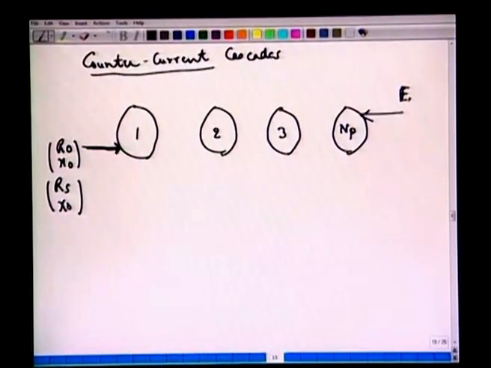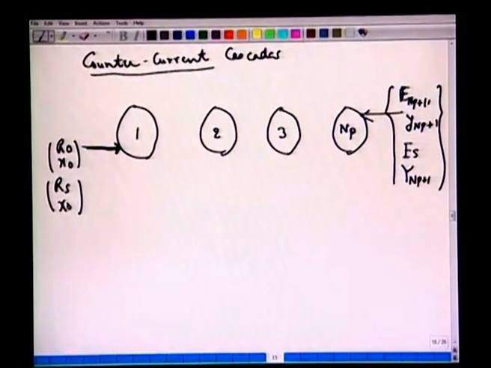So, we follow the nomenclatures. This will have a suffix E NP plus 1, and this will have the composition say Y NP plus 1. If we work on solute free basis, this has a flow rate of Es, and we can say it is a capital Y NP plus 1.